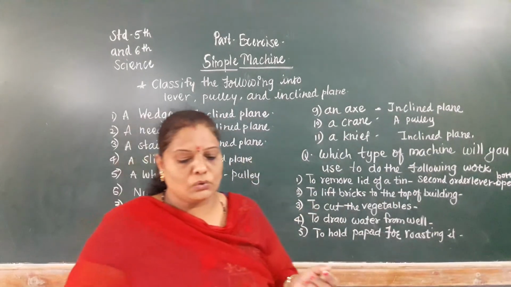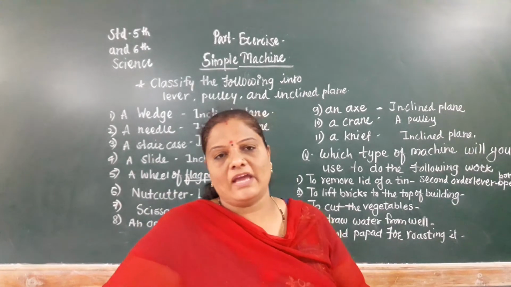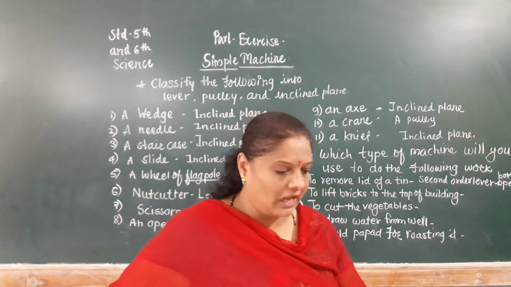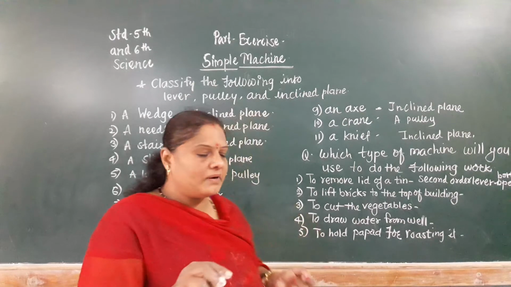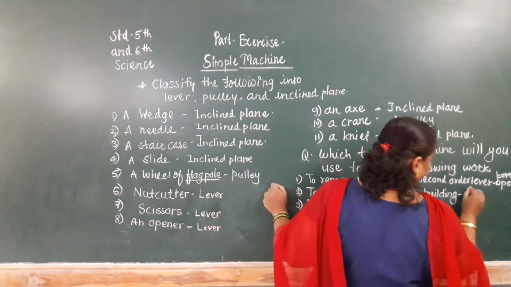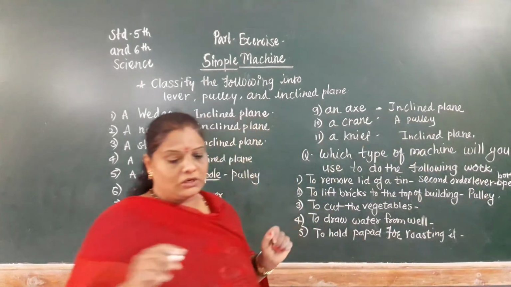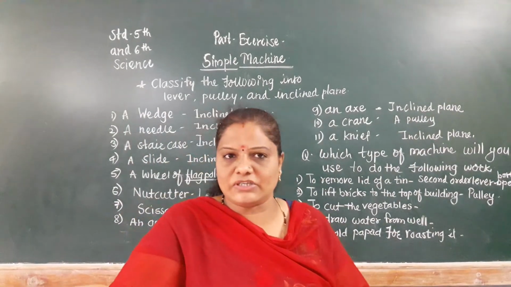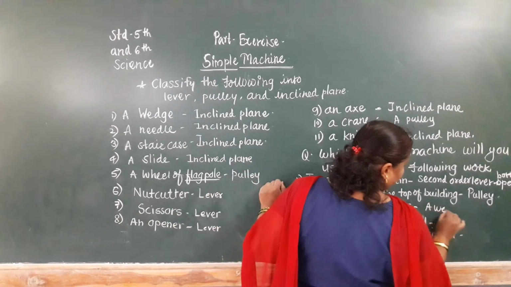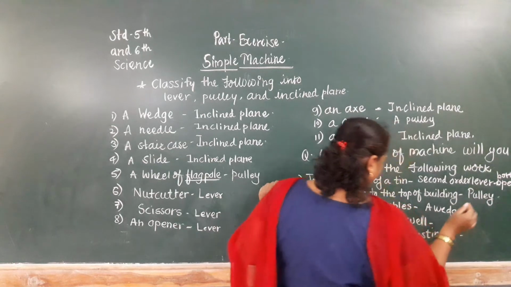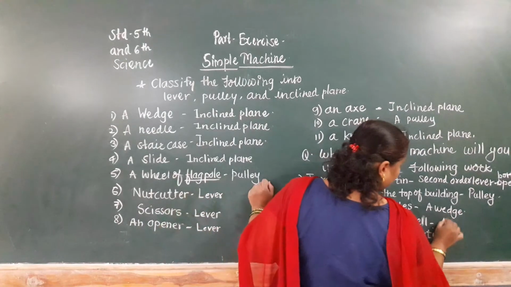Second one, to lift bricks to the top of a tall building. एक उंच इमारत आहे आणि खालून वरपर्यंत विटा न्यायच्या. Bricks means विटा. So what will we use? We use the pulley. Now third one, to cut the vegetables we use a knife or a wedge. Okay, now to draw water from a well, pulley.